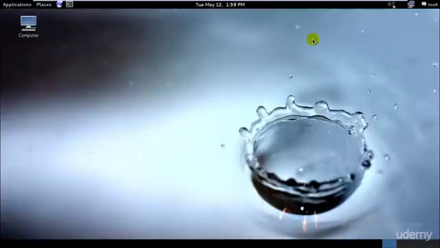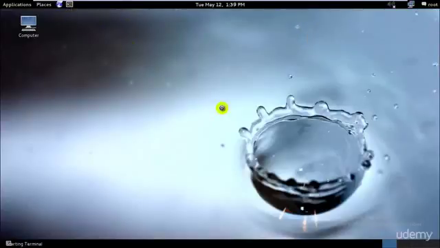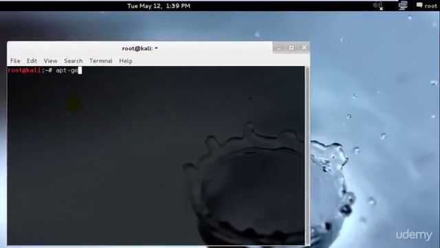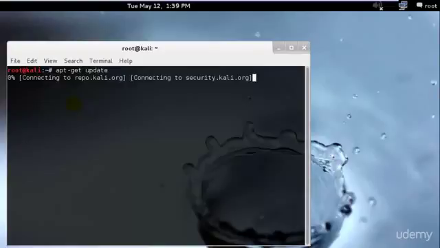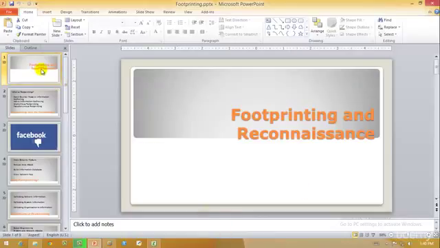So let's first know what exactly footprinting terminology is and what all is included in it. Footprinting is that we need to gather information about specific targets. By the time it gets updated, let's start with the footprinting terminology.